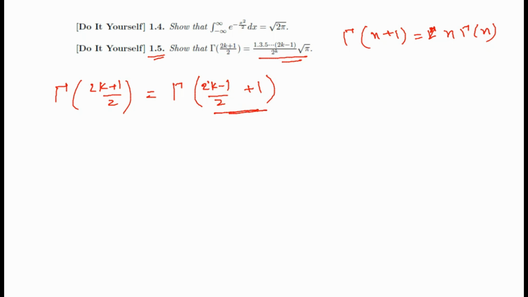Just adjust this like (2k plus 1) by 2. This you can write as (2k minus 1) by 2 gamma of (2k minus 1) by 2.